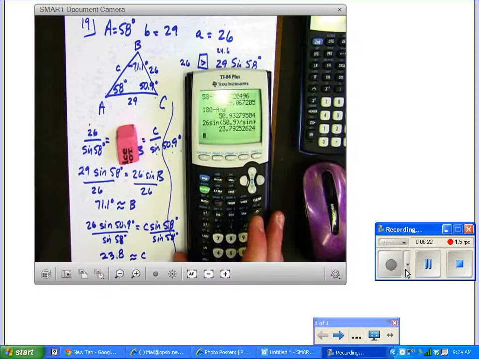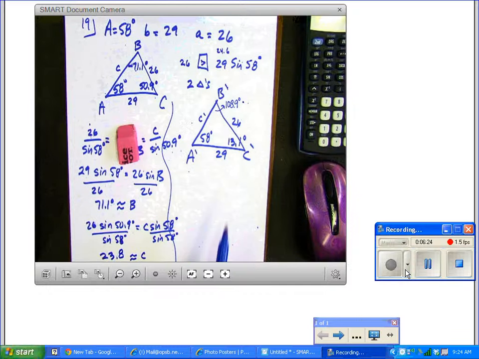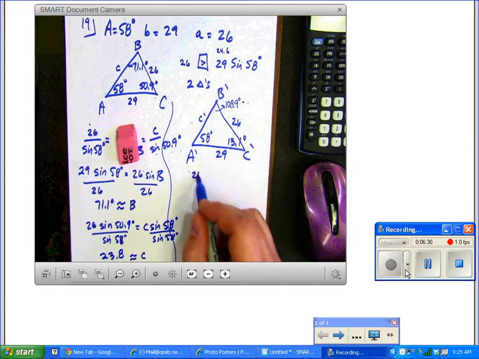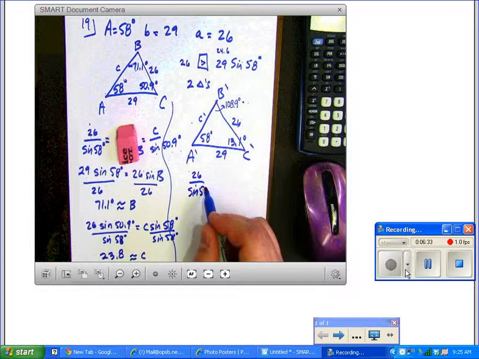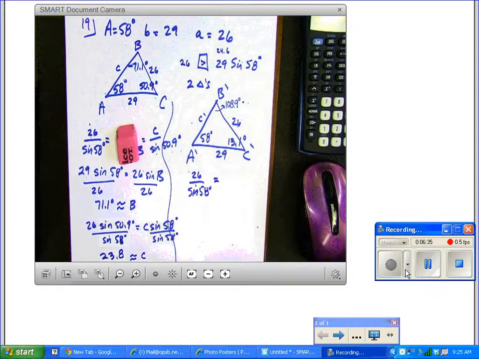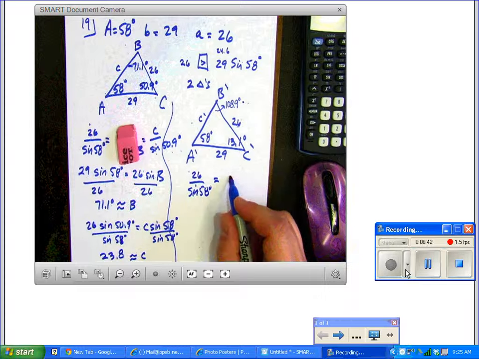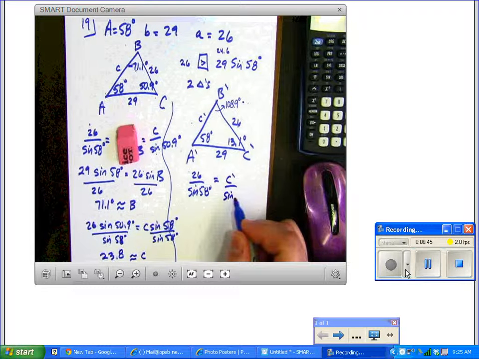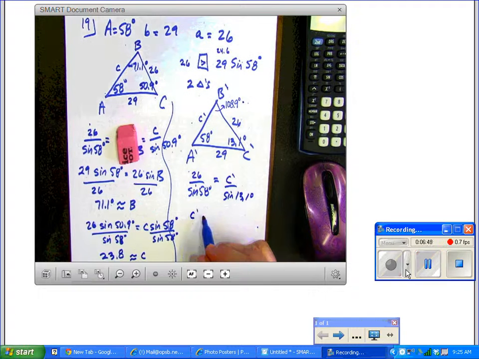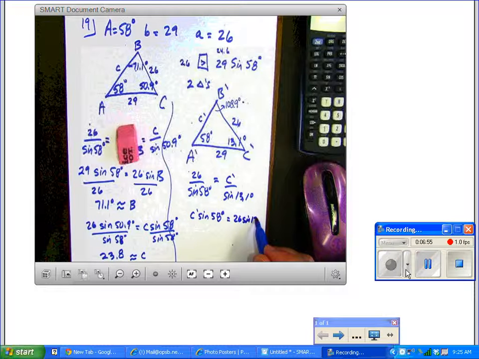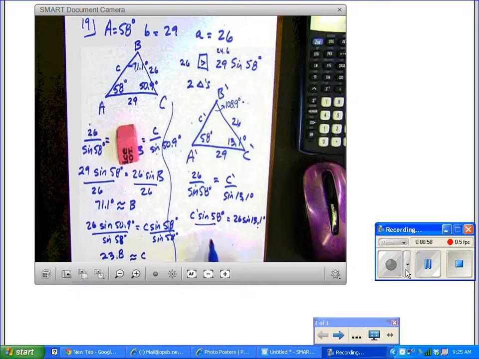Let's find little c prime now. In this one, we'll want to use this ratio again: 26 over sine of 58 equals c prime over sine of 13.1. Let's cross multiply. So we get c prime times sine of 58 degrees equals 26 times the sine of 13.1 degrees. We'll divide both sides by sine of 58.